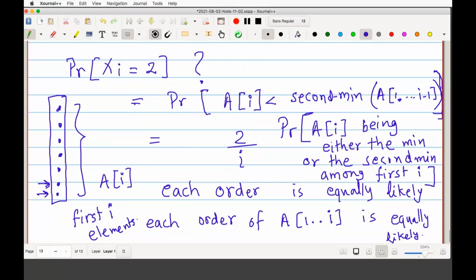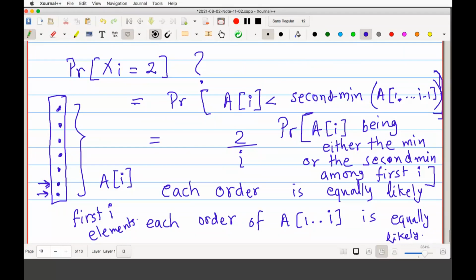Because every permutation of these I elements is equally likely, what is the probability that AI will be the minimum or second minimum? It will be 2 by I, because every element is equally likely to be at the ith position.